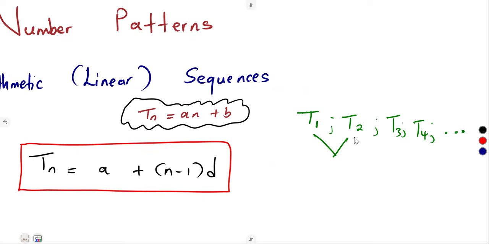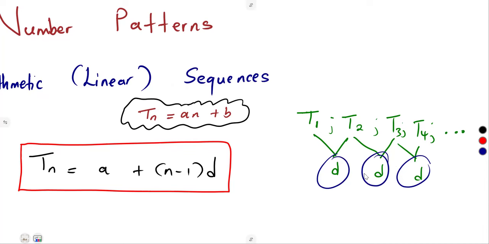If I subtract T2 minus T1, I'm going to obtain the D, which is the common difference. The same thing, if I subtract T3 minus T2, I'm going to obtain that D. That is the concept. So when we are given terms, if this is common throughout, it means the sequence that we are given is being referred to as a linear or an arithmetic sequence.